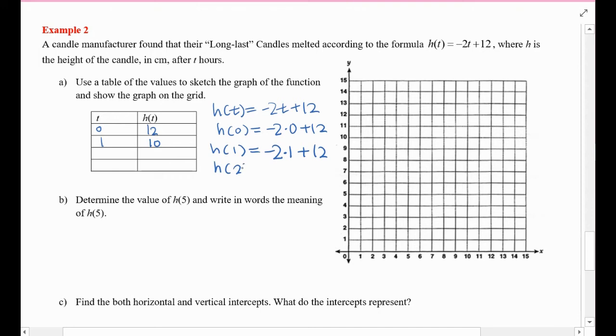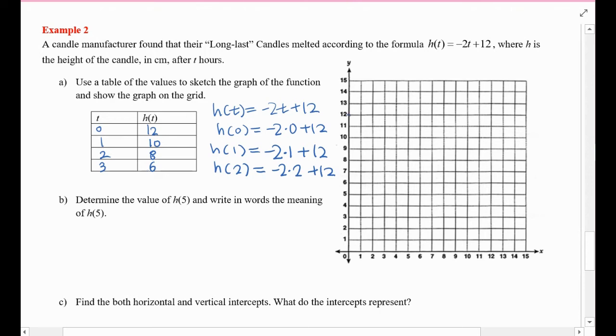H of 2: -2 times 2 is -4, plus 12 becomes 8. So (2, 8). If you look at this, every time T is increased by 1, the height decreases by 2. So if T is 3, it becomes 6. Okay, so let's plot it.